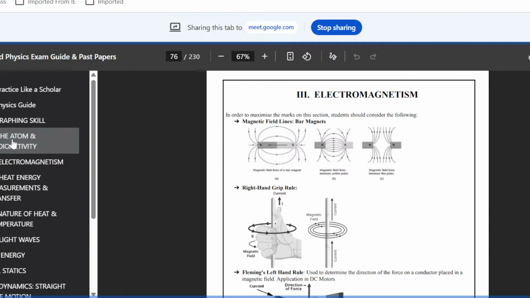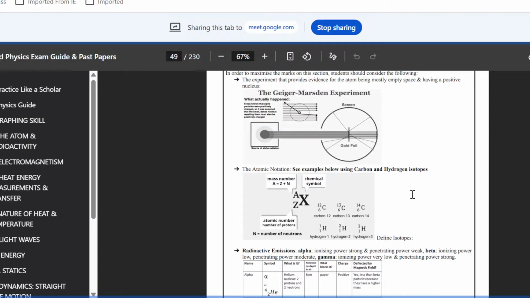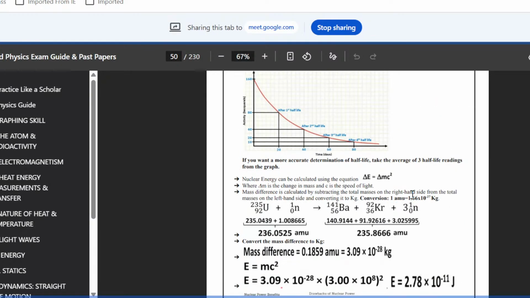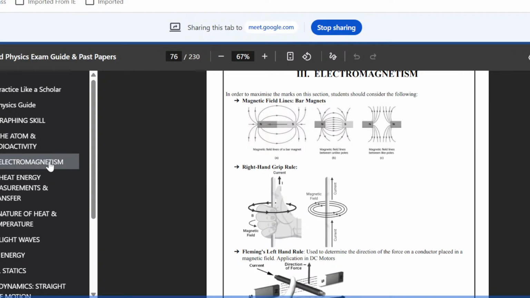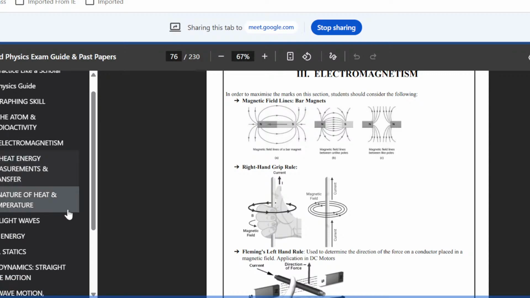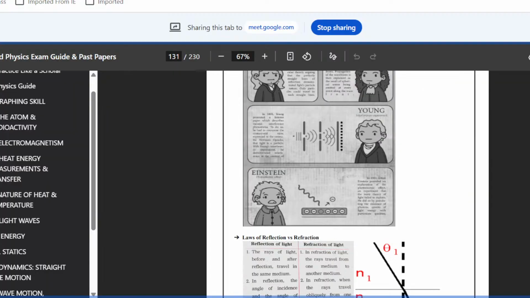So atom and radioactivity, you have to make sure you're strong in that section, and I think it's a good section to maximize marks on. Electromagnetism, fairly common. Electricity, heat, fairly common. Waves, of course, can't ignore waves.